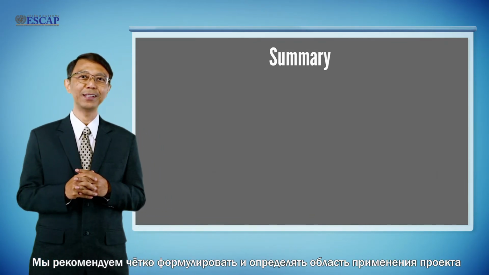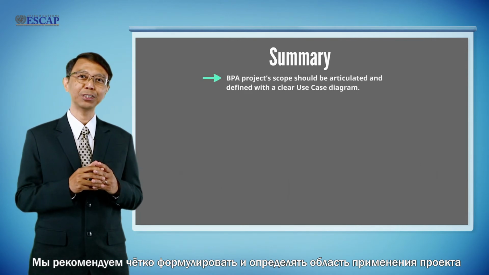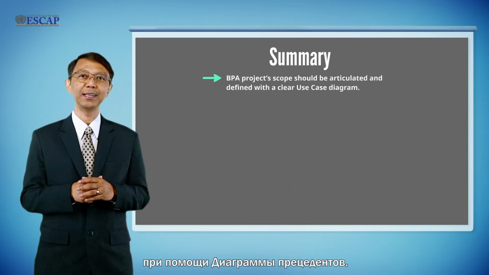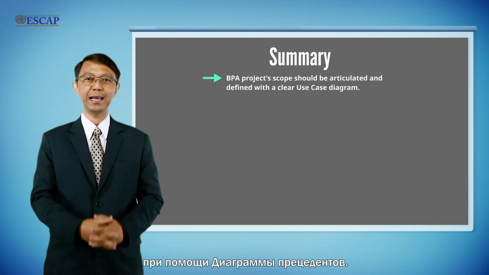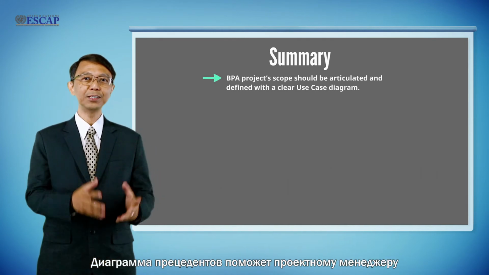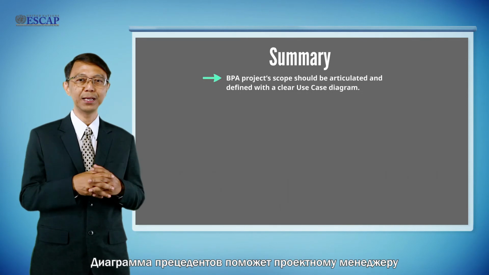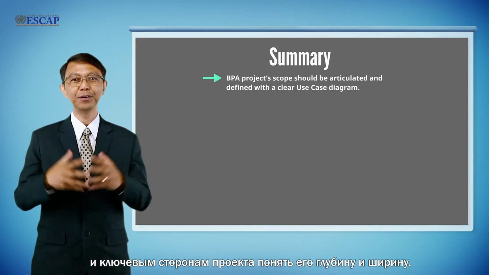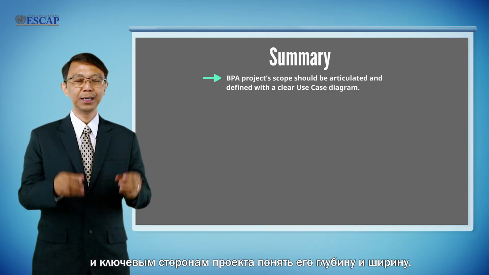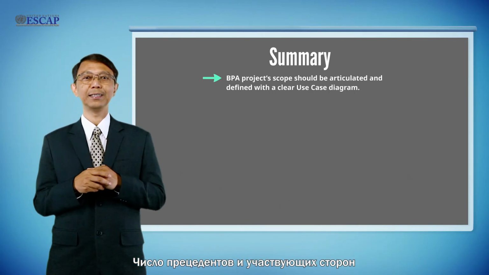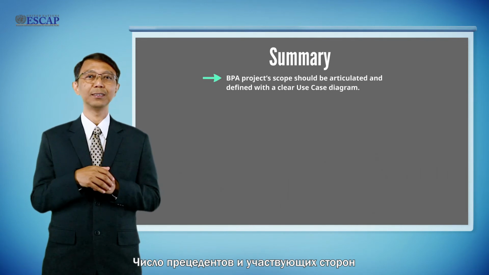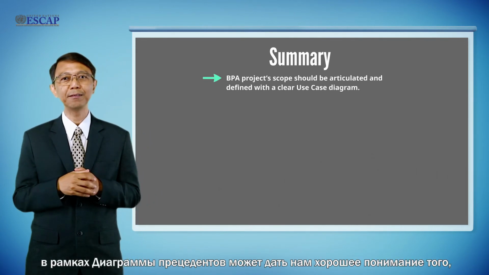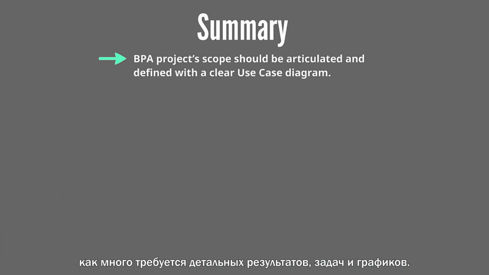This is why we recommend that the BPA project scope should be articulated and defined with a clear use case diagram, since the use case diagram will help the project manager and relevant stakeholders to understand the breadth and the depth of the project. The number of use cases and the number of actors within the use case diagram can give us a good clue on how many detailed deliverables, tasks, and schedules are needed.